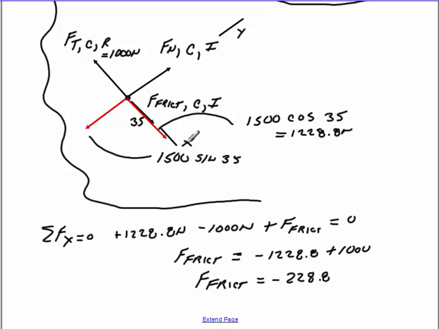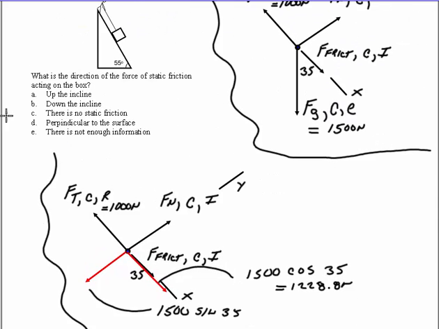Now since it's negative, I have this thing going the wrong direction. So what I can do is erase this and just say that this value must go up at 228.8. So the answer on this question, what direction is the force of static friction? It would be up the incline.